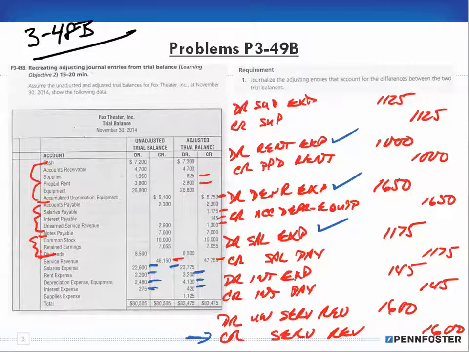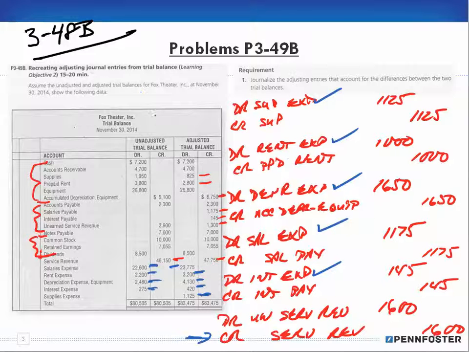And supplies expense went from 0 to 1,125, which was the expense right there. So notice what happened. When you get down to equity and start moving into your revenue and expense accounts, you're not making another entry just because there's a difference in those accounts.